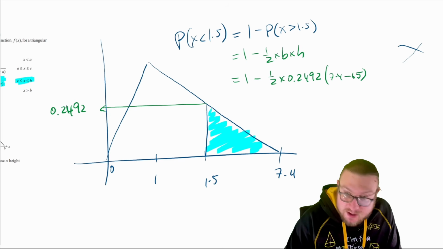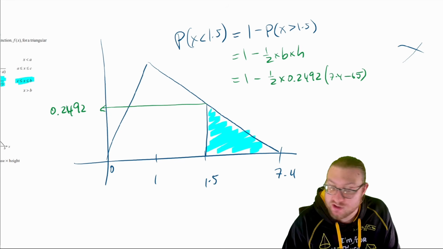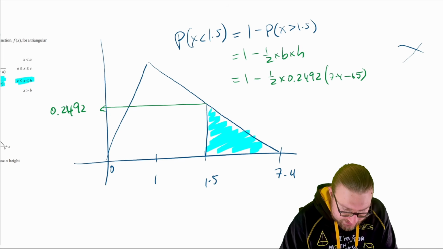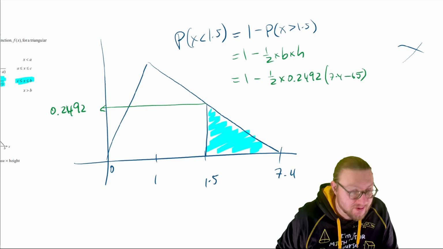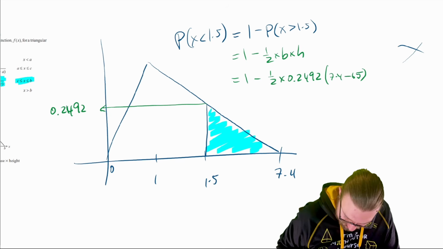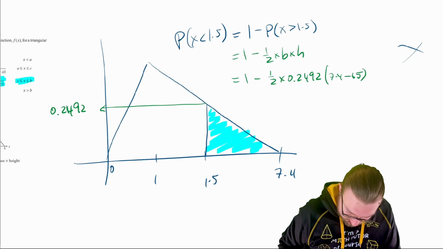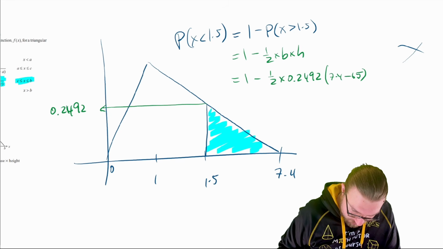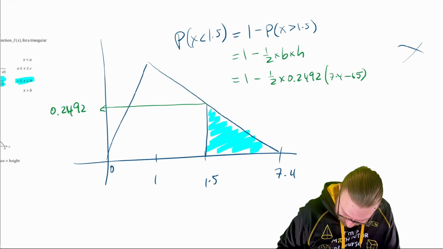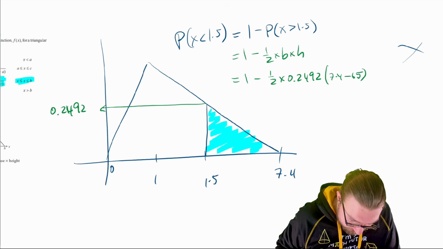If we put all that together, we can put that in the calculator, and that should give you our answer. Hopefully it's the same number that we had before. Hopefully we didn't make any mistakes. There we go. Half times 0.2492, and we're multiplying it by the difference of 7.4 and 1.5.